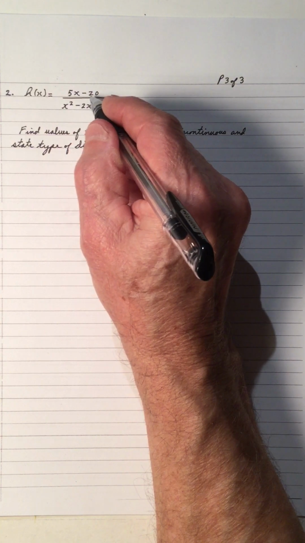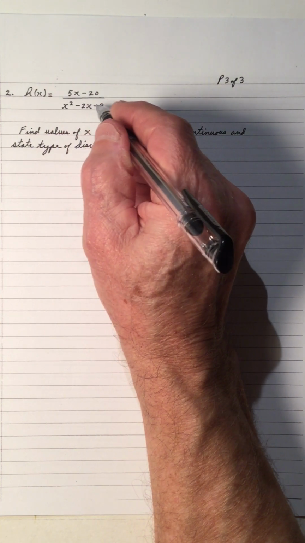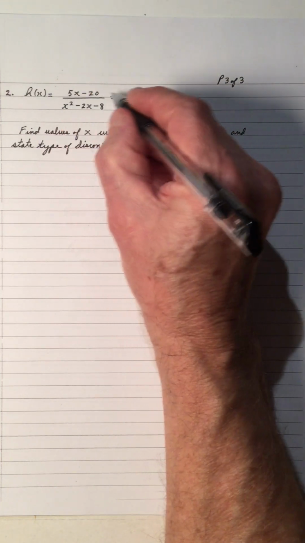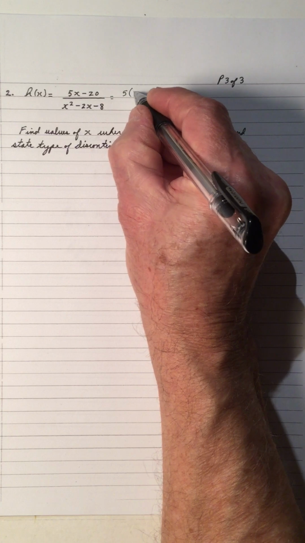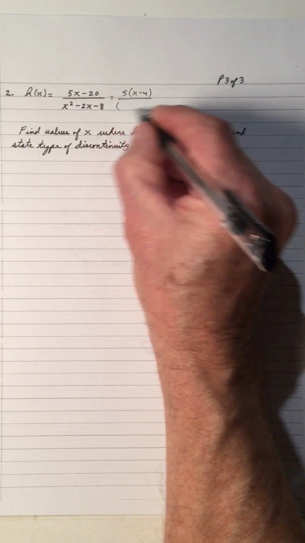Okay, let's look at another one. The h of x equals 5x minus 20 over x squared minus 2x minus 8. Let's look at factoring this to see what happens. That's 5 outside of x minus 4 on top, and we have a quadratic.